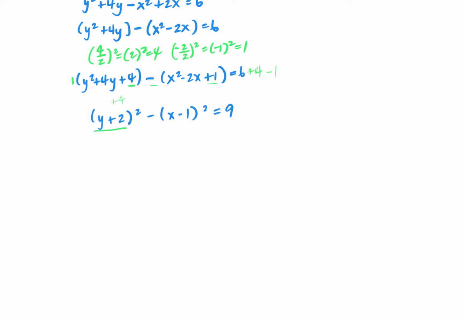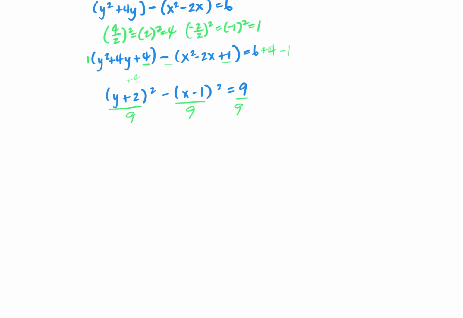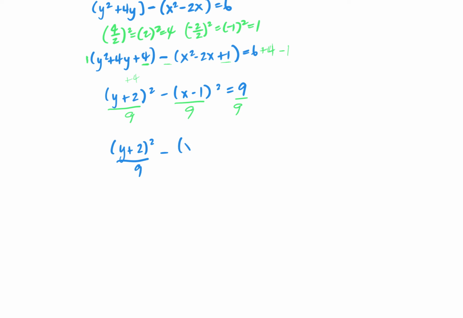Divide everything by 9 to get it equal to 1, same as what we did with our ellipse. And this becomes y plus 2 squared over 9 minus x minus 1 squared over 9 equal to 1.